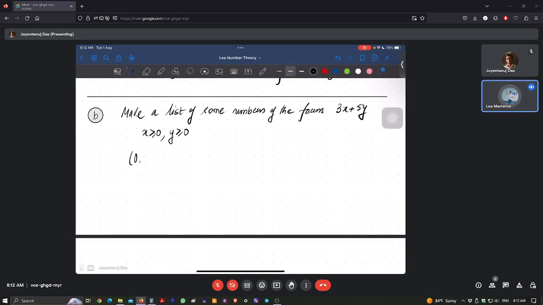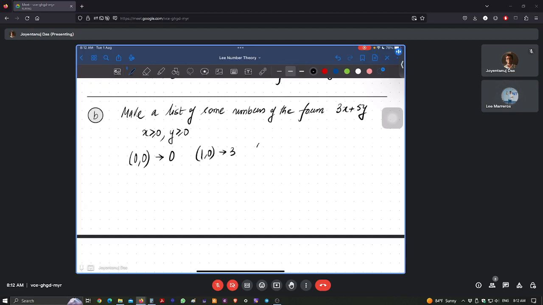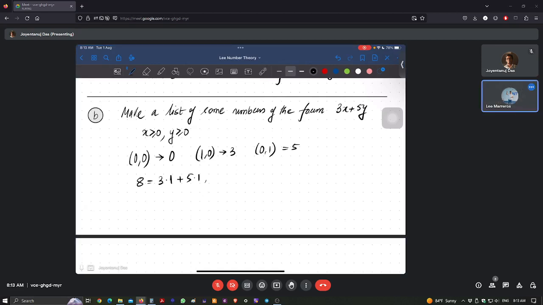So 0, 0 gives 0, 1, 0 gives 3, and 0, 1 gives 5. Then 1, 1 gives 8. Right. 9 we can also get, right?